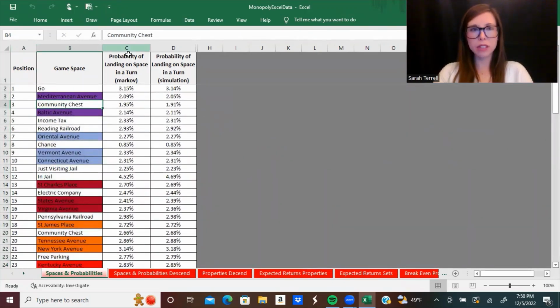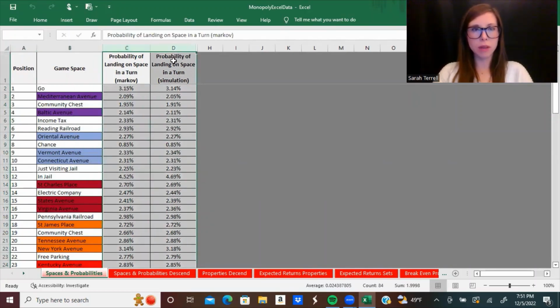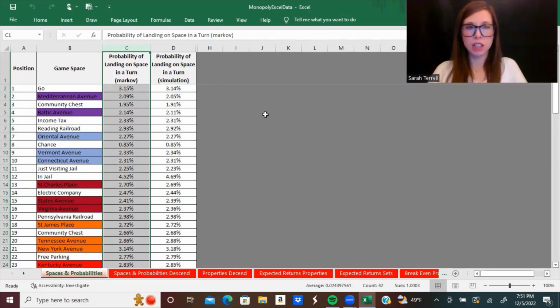And then we have two different columns here of probabilities. The first column are the probabilities that I got out of my Markov process through multiplying that state and transition matrix until it reached that steady state.